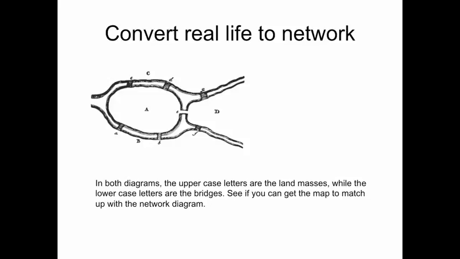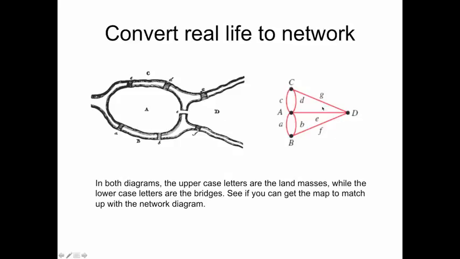What we'll do is we will take the bridge problem and we'll convert it into a model that we call a network model. Okay, so in the diagram of the bridge, the capital letters are the land masses and the small letters are the bridges going across the river.